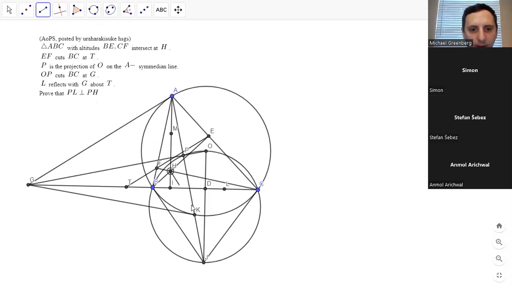We could try to show that AHK is similar to PGT. Maybe we can use ratios.